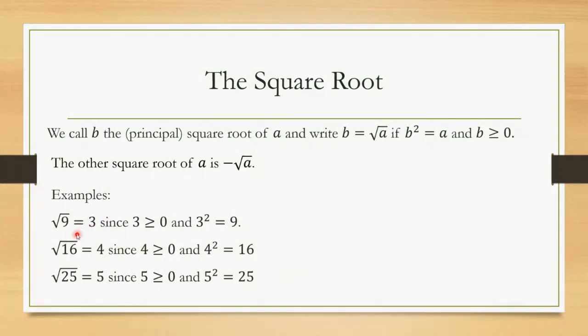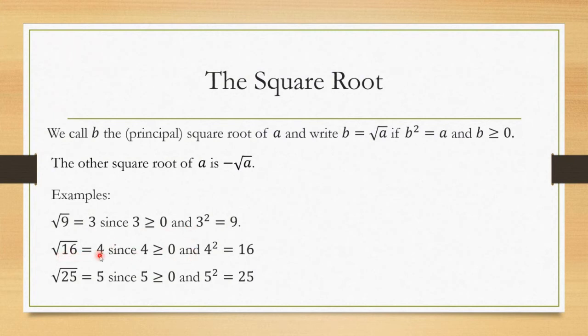So for instance, going back to this, the square root of 9 is 3, since 3 is non-negative and 3 squared equals 9, as we can see.